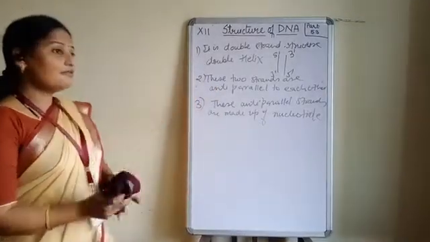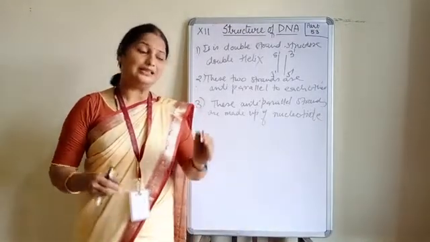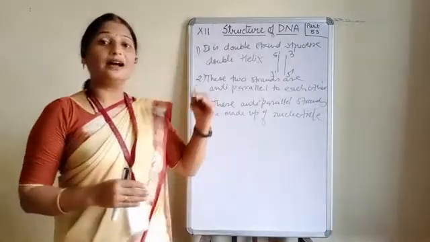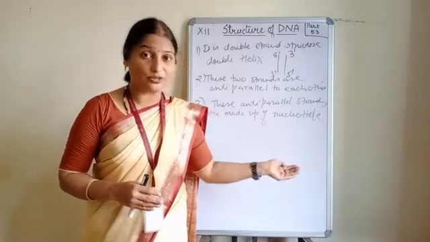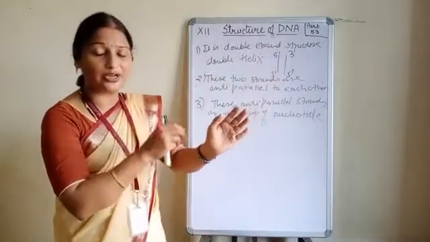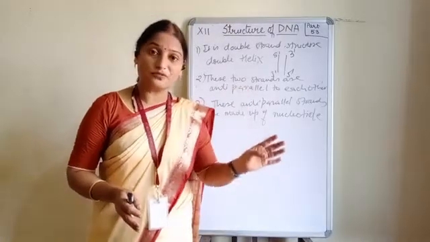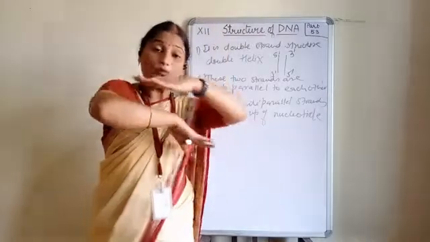Normally, when we draw the structure of the DNA, we draw as I have already drawn when I was giving you the structure of the polymer of nucleotide. Pentose sugar along with the nitrogen base along with the phosphoric acid, they all are joined together in the anti-parallel way.